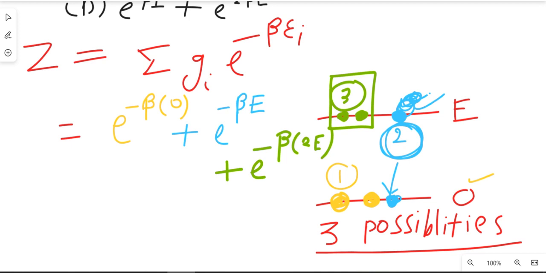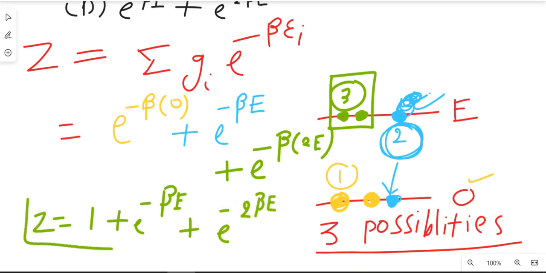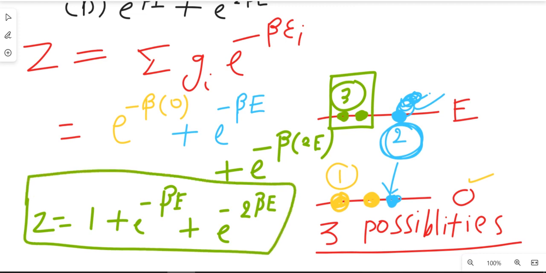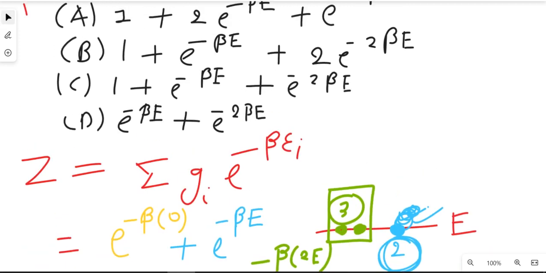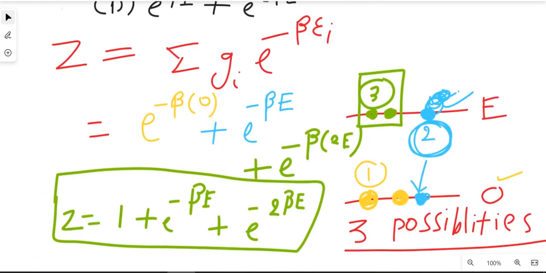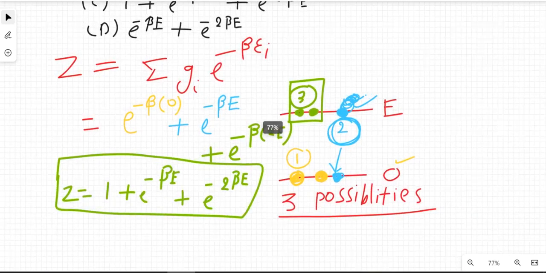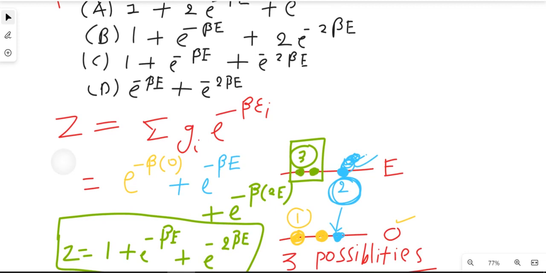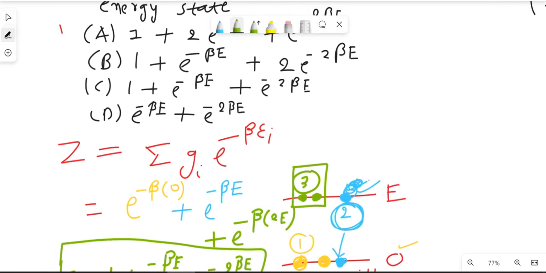Okay, so e raised to beta into 0 will be 1, then plus e raised to minus beta E, plus e raised to minus 2 beta E. So this is our partition function. Okay, so the correct option will be 1 plus e raised to minus beta E plus e raised to minus 2 beta E. The correct option will be C.